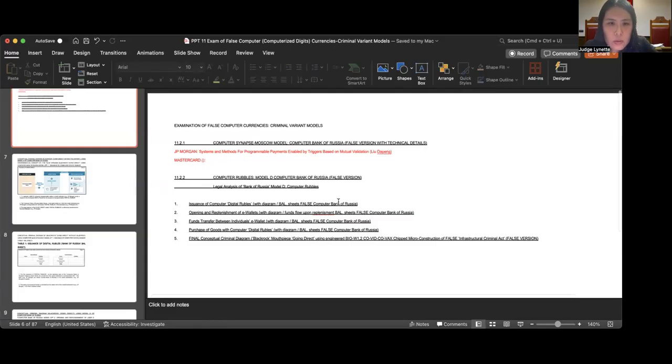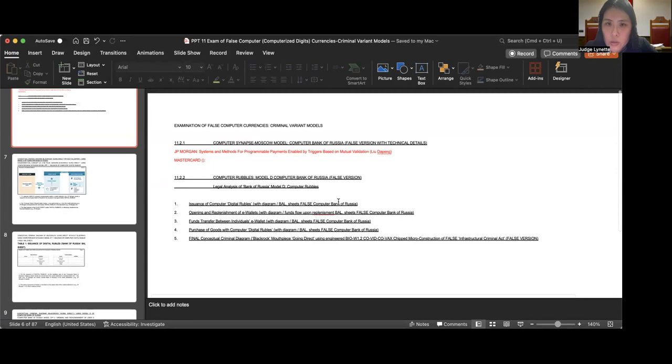Okay, so this is the Computer Synapse Moscow model, the Computer Bank of Russia. This is a false version. It is just a computer virtual Bank of Russia. I cannot call it the Bank of Russia. I cannot call it Russia.